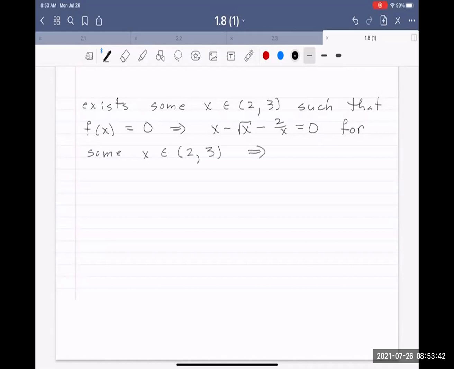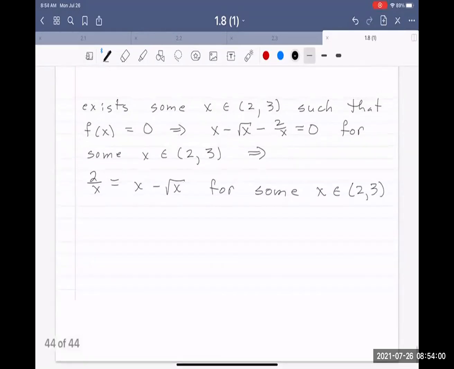And so this says that 2 over x is equal to x minus the square root of x for some x in the open interval 2, 3. And that's what you wanted to show. So you're done.